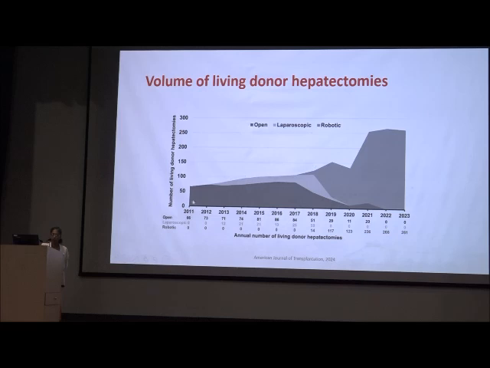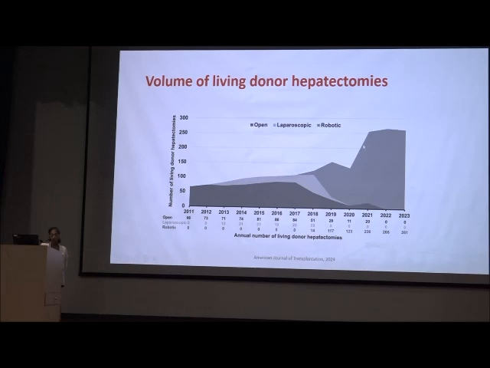There was a steady number of open transplants being done. In 2012, the laparoscopic live donor hepatectomy was introduced, but we can see that the curve did not increase significantly over the next 6 to 8 years. On the other hand, robotic live donor hepatectomy was introduced somewhere around 2017 to 2018, and the number of robotic live donor hepatectomies increased steeply.